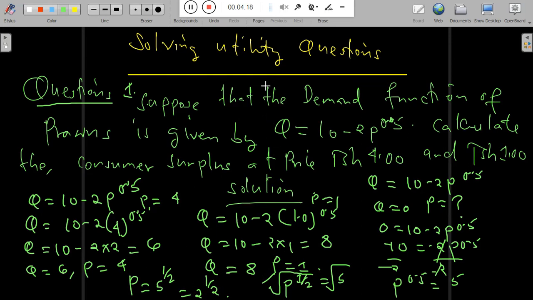Now that we have obtained the price, what about when we let p be equal to 0? What will be our quantity? Let us let p equal 0 and solve for the output level from our demand function.